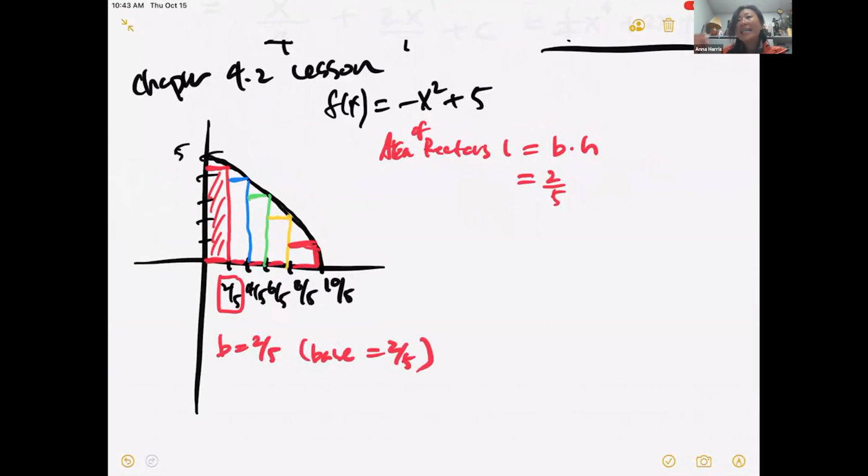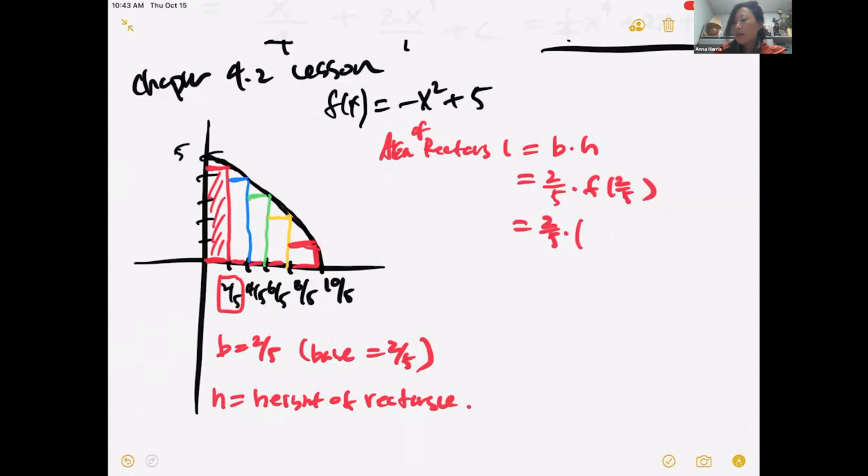But the height is different. So h is height. The very first height would be f of 2/5, which is negative (2/5) squared plus 5.